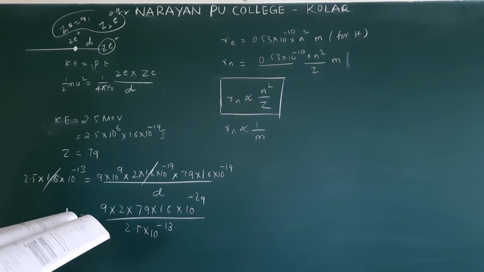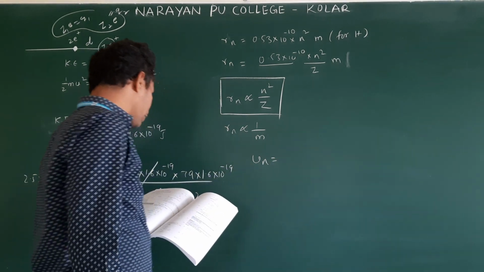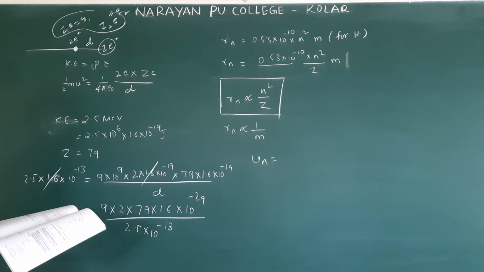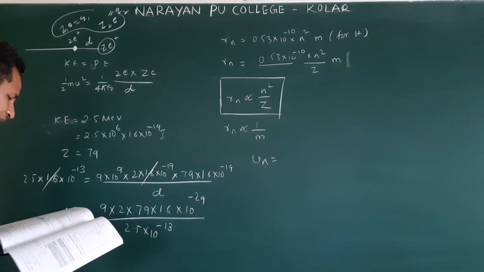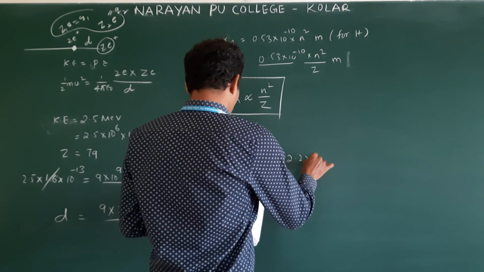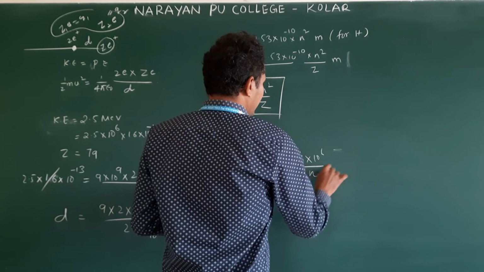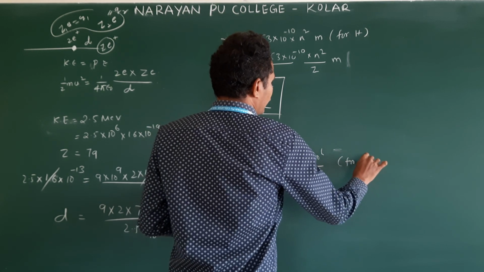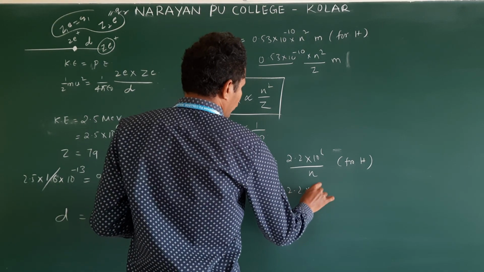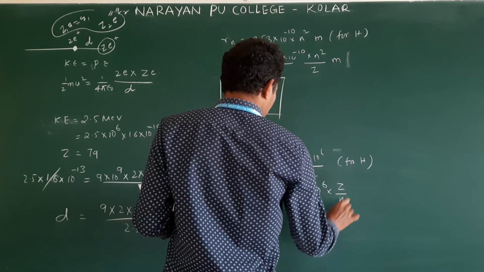Next, velocity, Vn. I already explained this, we have already done this derivation. The problems give the relation. In general for hydrogen, 2.2 into 10 power 6 by n. This is for hydrogen. The general formula is Vn equal to 2.2 into 10 power 6 into Z by n.